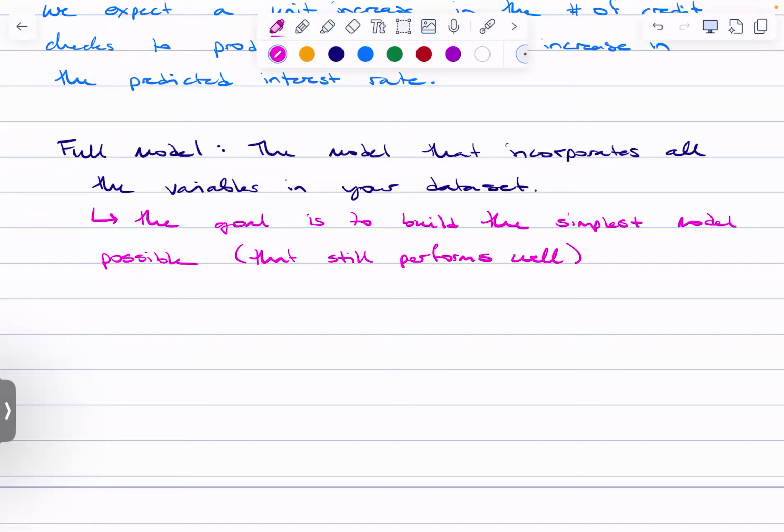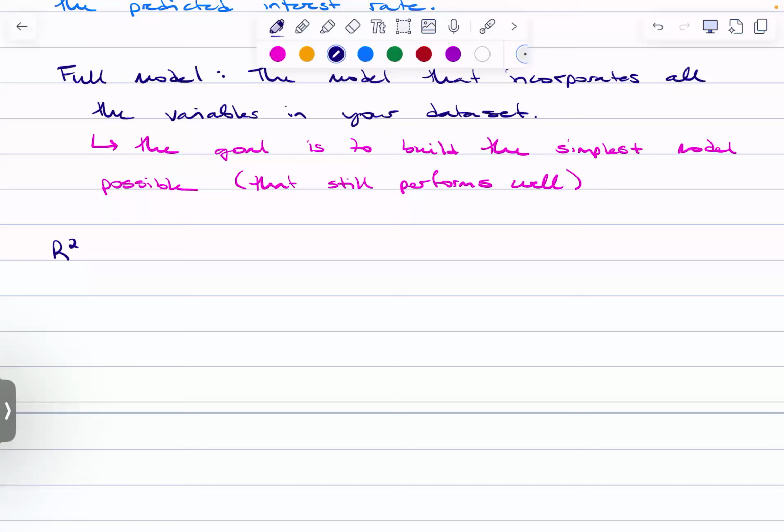How do we know model performance? We've seen R squared. And so R squared was what? I don't expect you to remember, but if I say R squared is the percentage of variability, and then you see percentage of variability, that's R squared. I want you to have that connection.